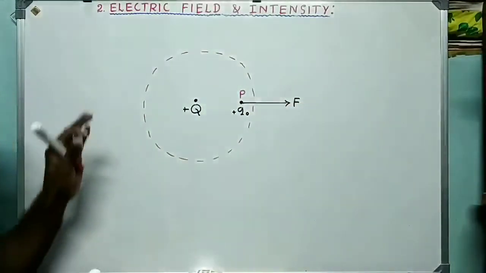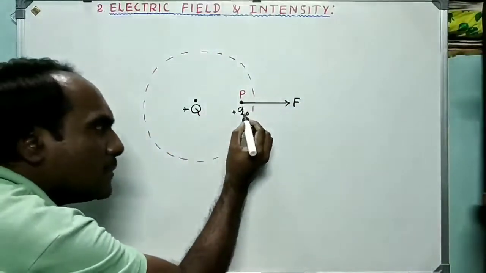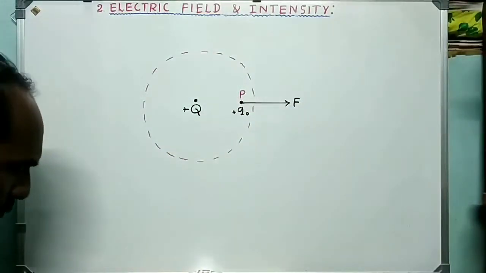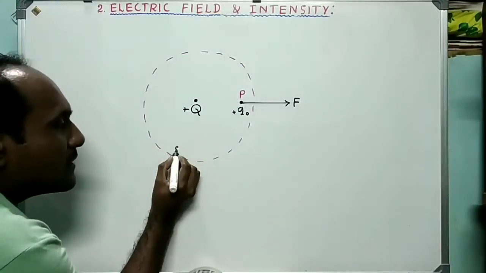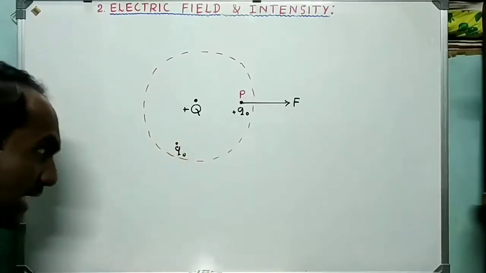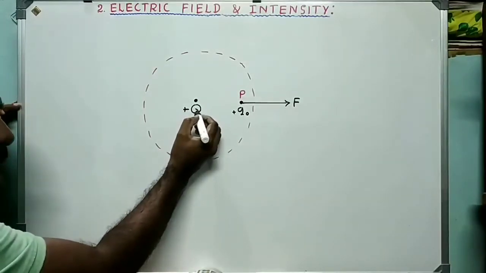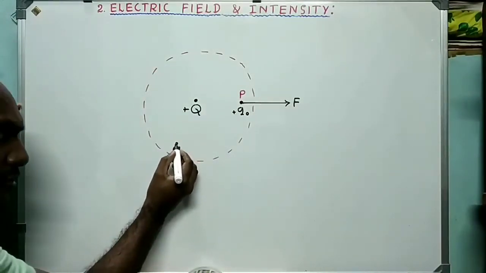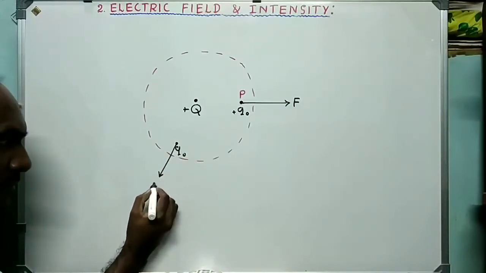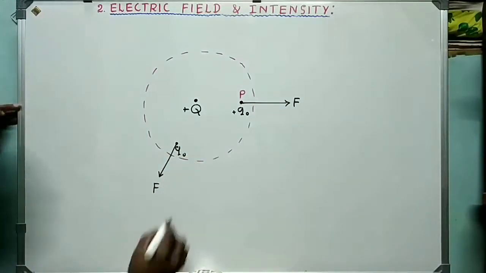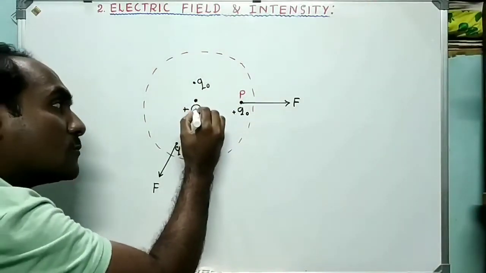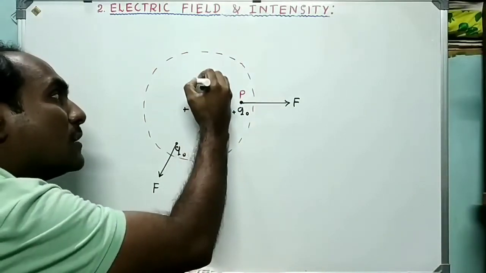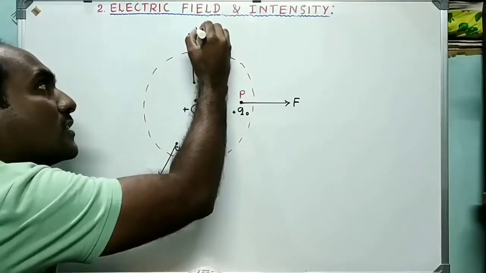If you place the same Q0 charge here, then also this plus capital Q repels this Q0 charge along this direction.